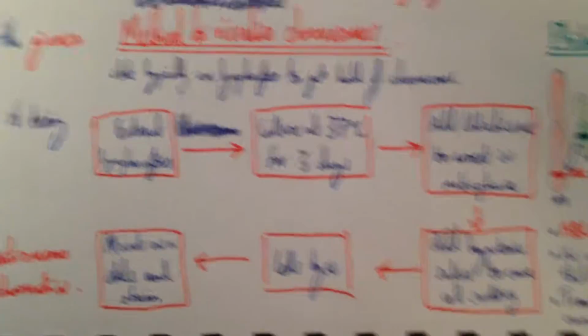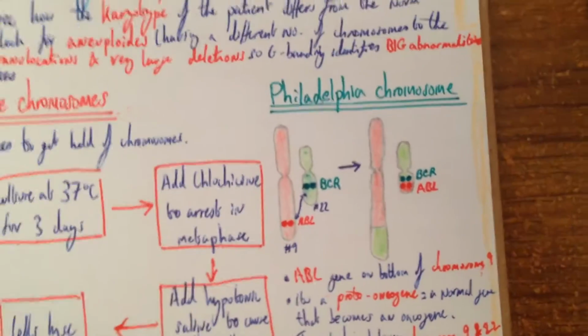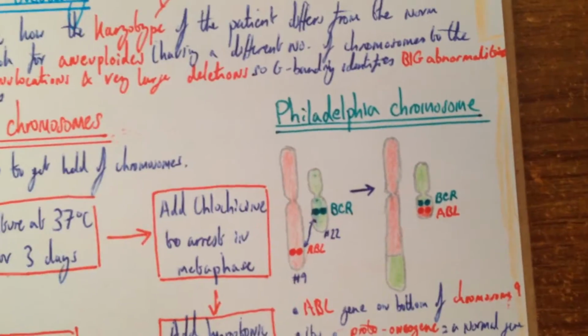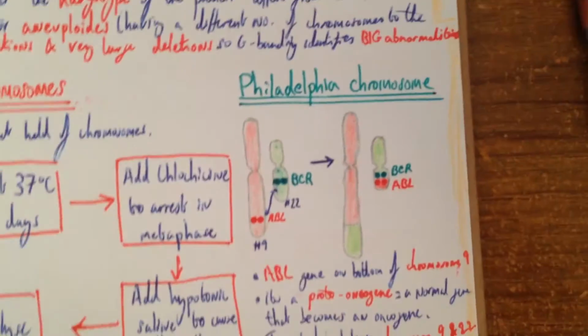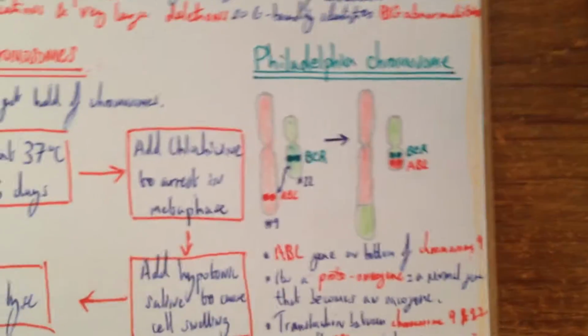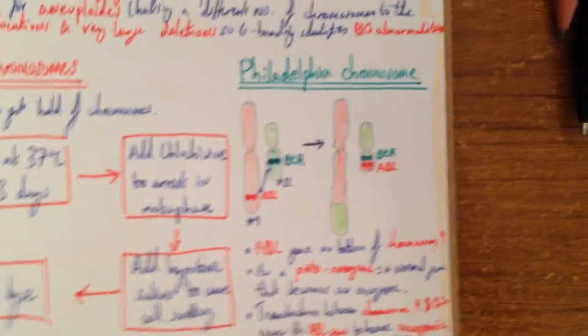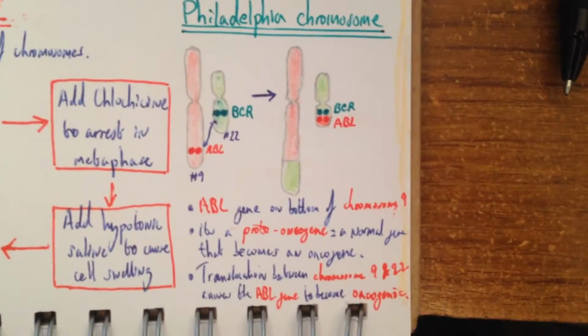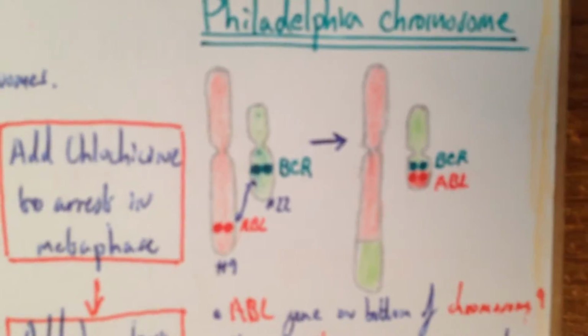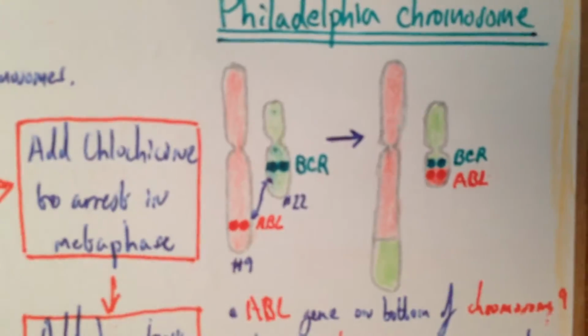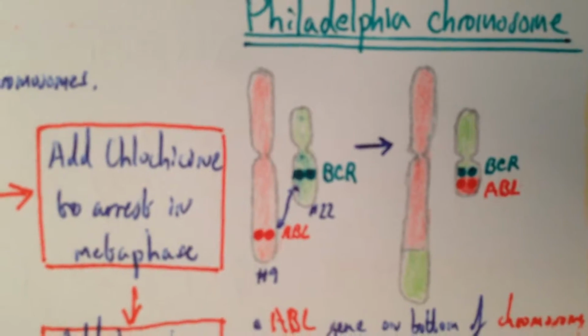Simple. I'm now going to go on to a condition which G-banding can tell us about, which is called Philadelphia chromosome. So basically, Philadelphia chromosome is where, as we can see on this example, here are two chromosomes, chromosome number 9 and chromosome number 22.